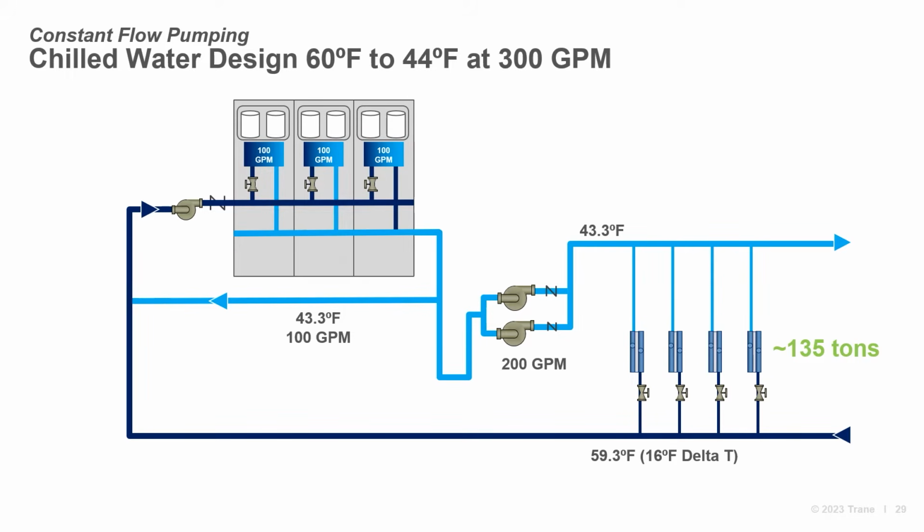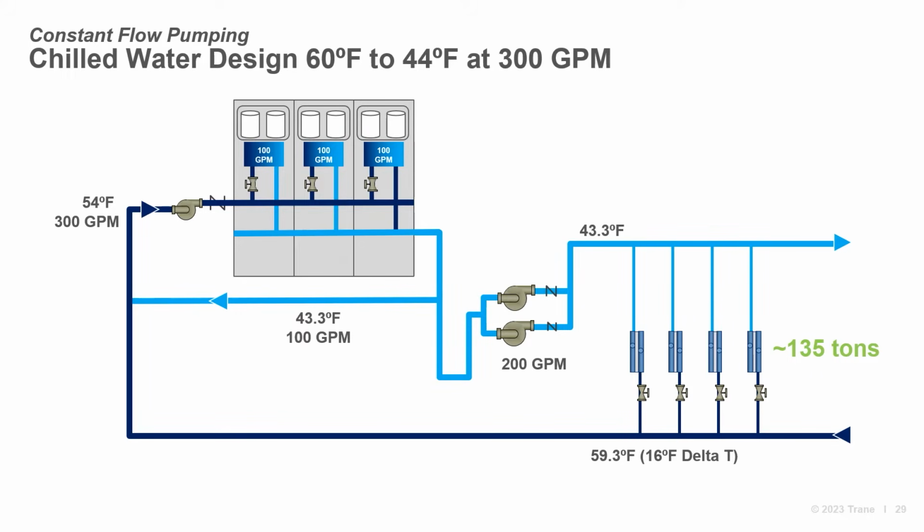When 200 GPM of 59-degree chilled water mixes with 100 GPM of 43-degree chilled water, the return temperature to the chiller is 54 degrees. Because the return temperature is lower than design, this would indicate to the chiller controller that less than full load will satisfy the system demand.